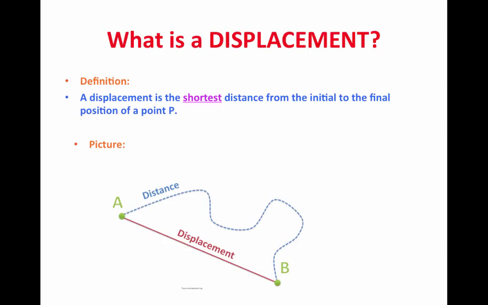A displacement is the shortest distance from the initial to the final position of the point P. In the picture, the displacement will be the line that connects point A and point B. The displacement is linear.